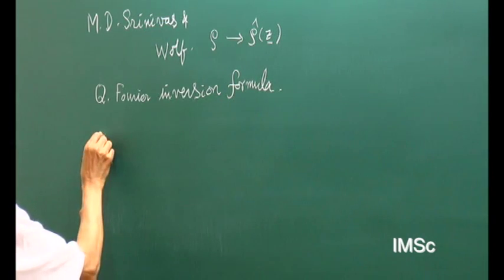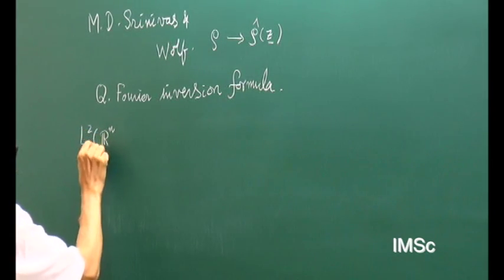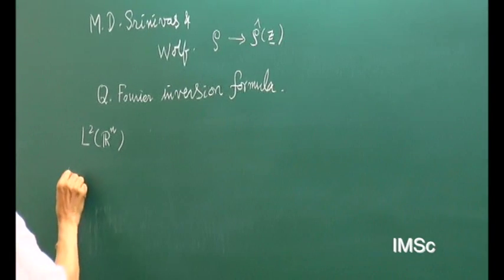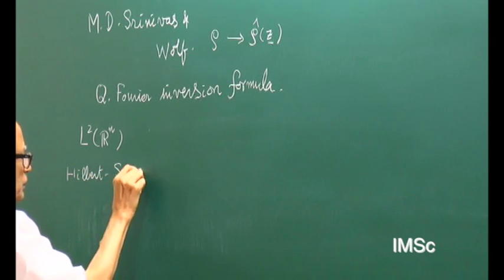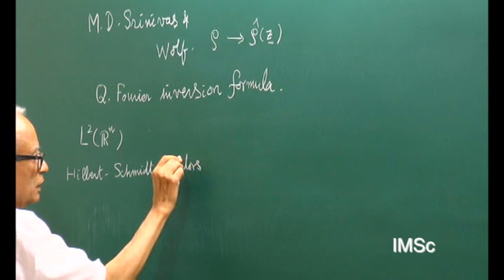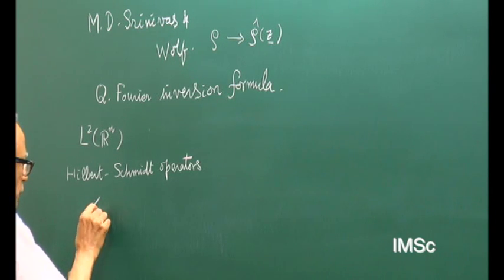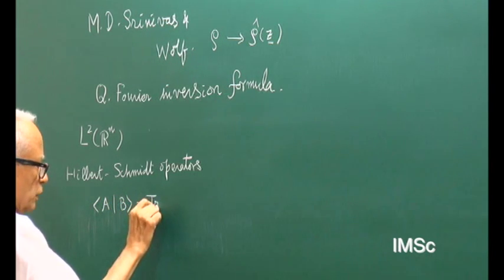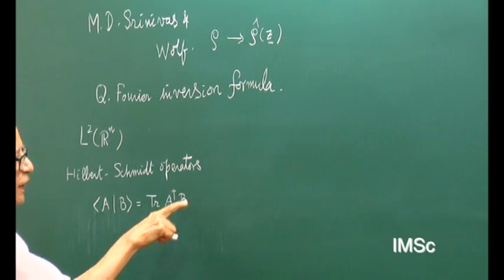Now, if you consider R^n and then the Hilbert space L2 of R^n, and you consider the Hilbert-Schmidt operators here, they constitute a Hilbert space with the scalar product between any two Hilbert-Schmidt operators being equal to trace of A dagger B. Hilbert-Schmidt means trace A dagger A is finite.